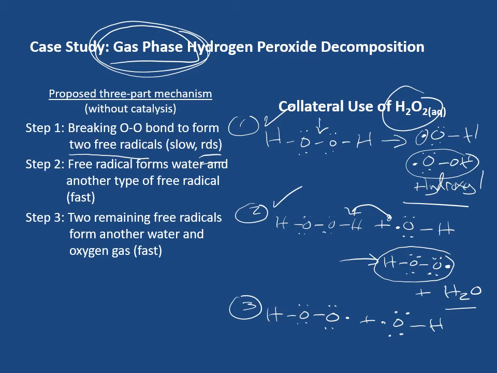And what ends up happening here is kind of what happened in step 2. Another water molecule forms. So this smaller hydroxyl radical collides with the first radical and forms water. Well, guess what happens? This is left behind. That becomes oxygen gas, or oxygen.